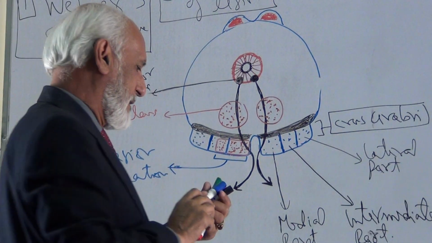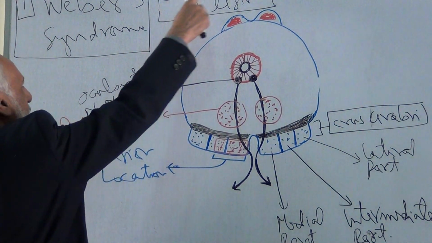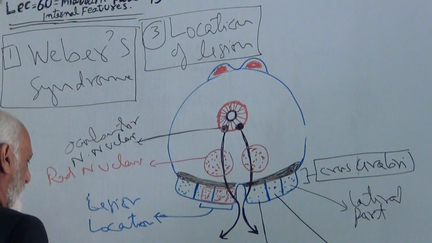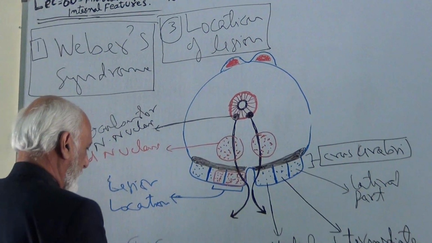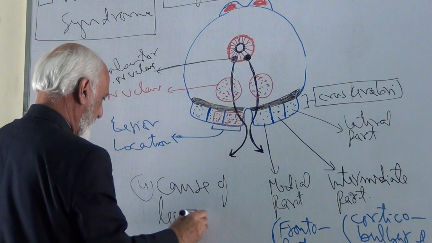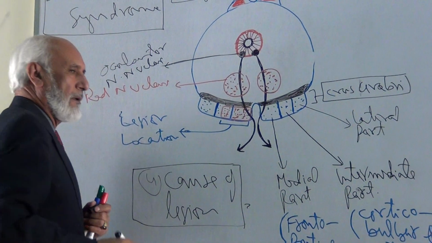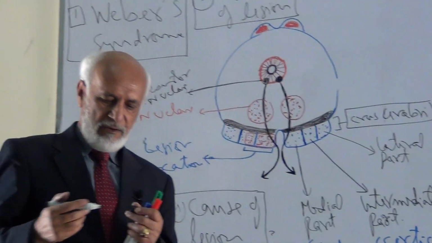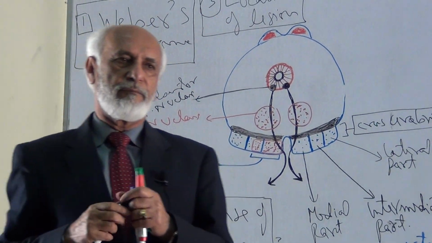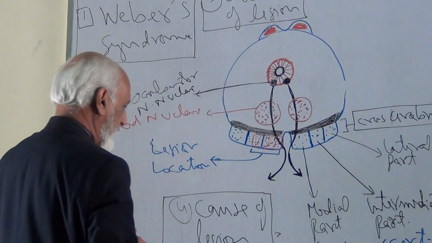Now, what is the cause of the lesion? This was the location of the lesion. Number two, cause of lesion. It is because of infarction due to interruption of the blood supply of this area.